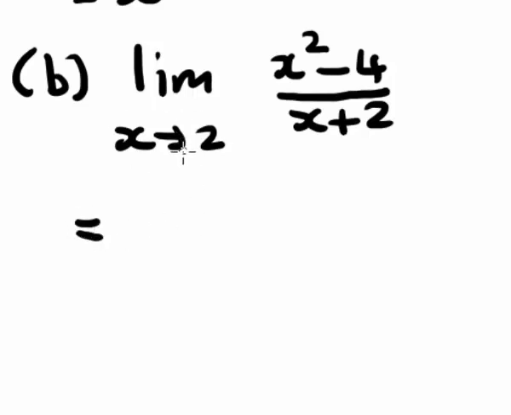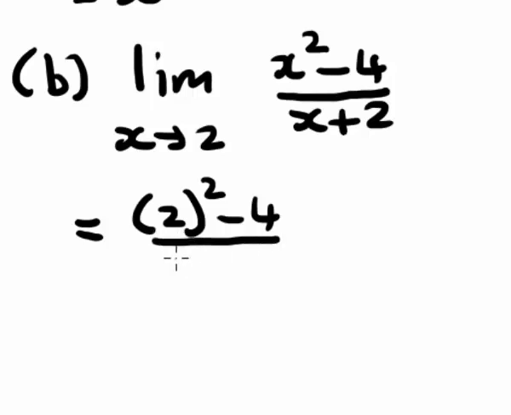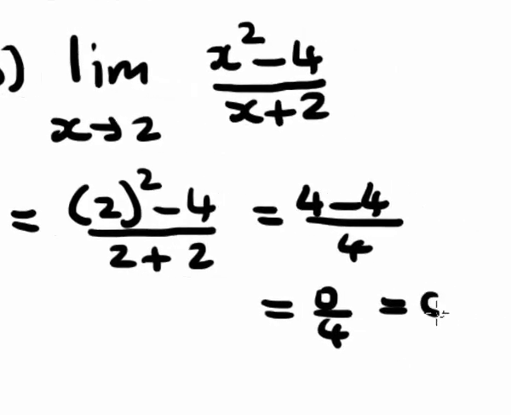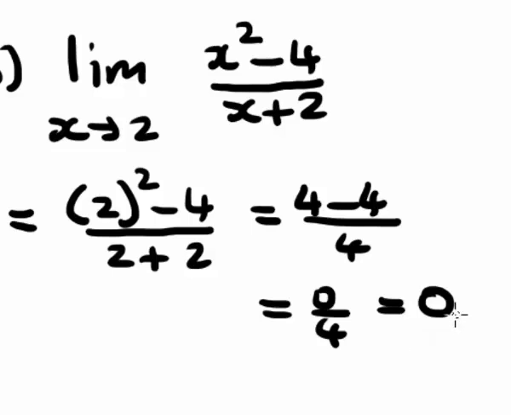Well, let's drop the limit symbol and plug in 2 squared minus 4 over 2 plus 2, which is 4 minus 4 over 4, which is 0 divided by 4. 0 divided by 4 is simply 0. So as x approaches 2, this graph is approaching a y value of 0. It's the y value we're approaching if x approaches 2.